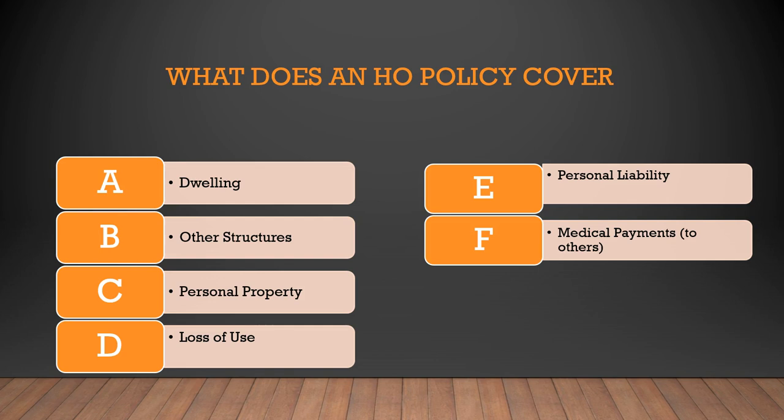Almost very similar to, well, it is the additional living expense coverage. You do want to get into these coverages, understand the percentages that they pay and how they pay and what is covered in each of these parts. And then you have coverage E, which is your personal liability. Somebody gets injured on your property or the homeowner's property, and they sue the homeowner. Personal liability is what protects them.